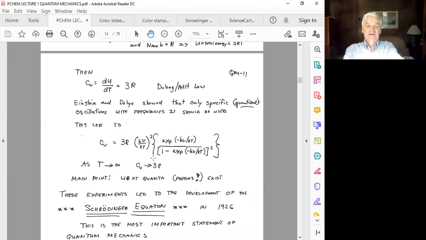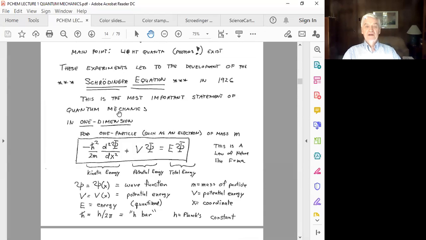Anyway, we don't need to be familiar with all the details of this, but the main point was that light came in quanta, and they had to go into specific energy states. And as I keep repeating myself, when we get to the last part of the course, we will see how this works as we put energy into the different quantum states of molecules.